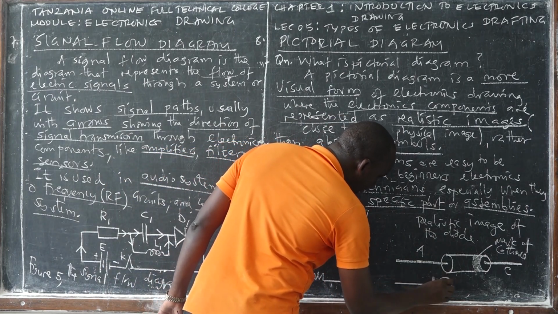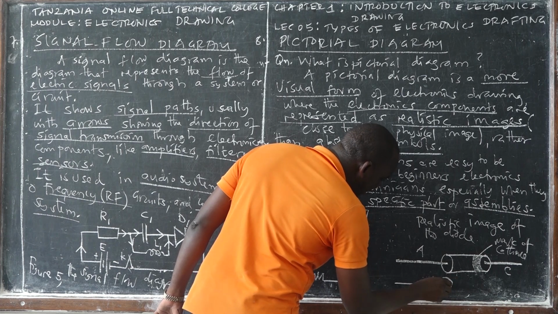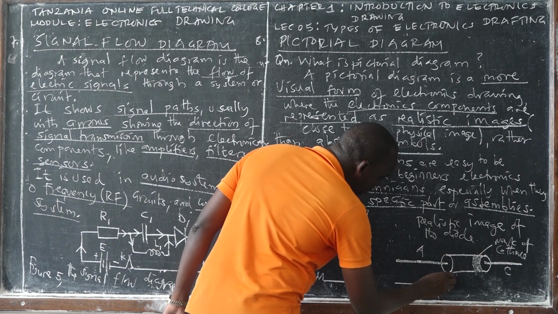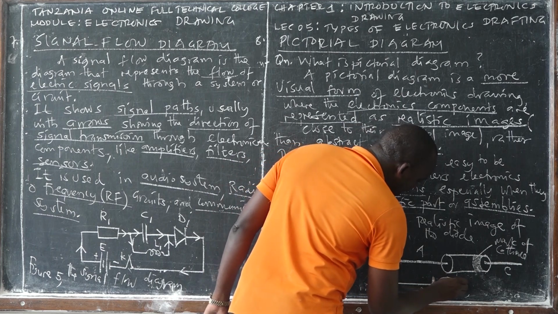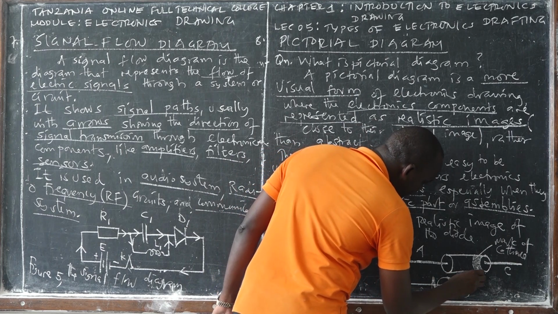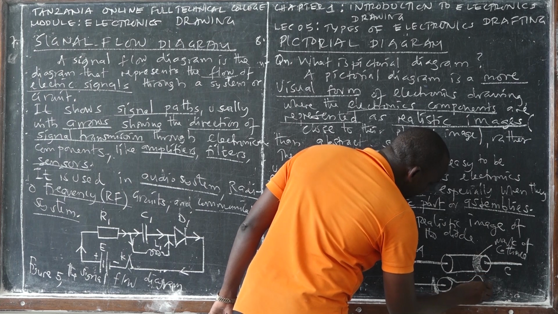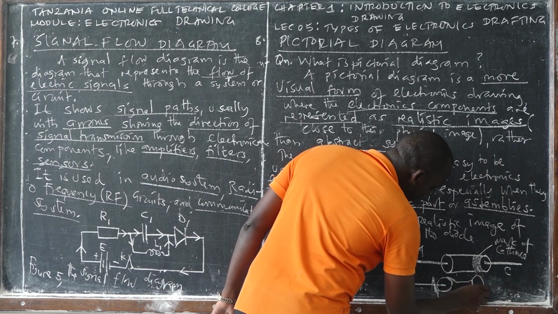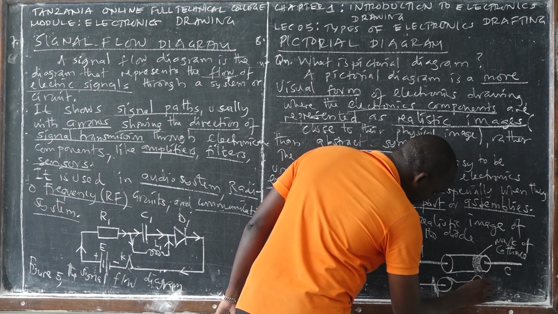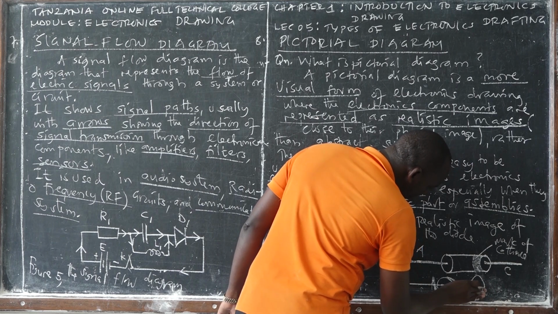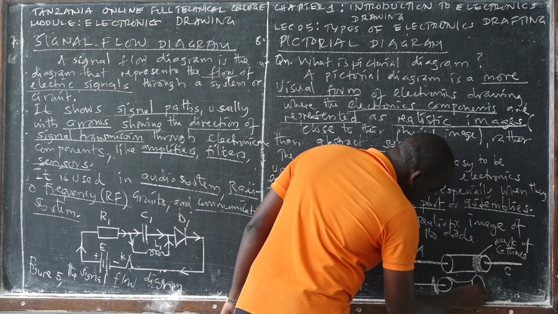A resistor in most cases looks like a cylinder of a particular shape. So this is the physical appearance, the realistic image of the resistor.